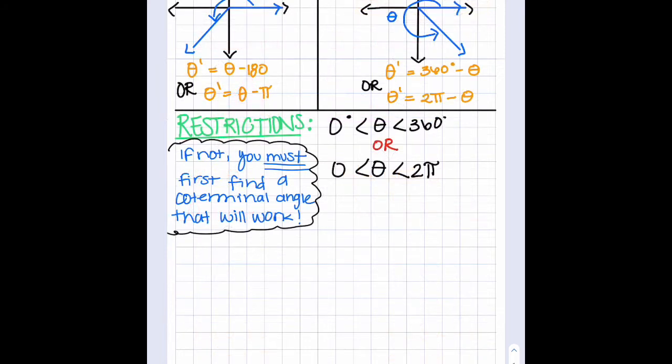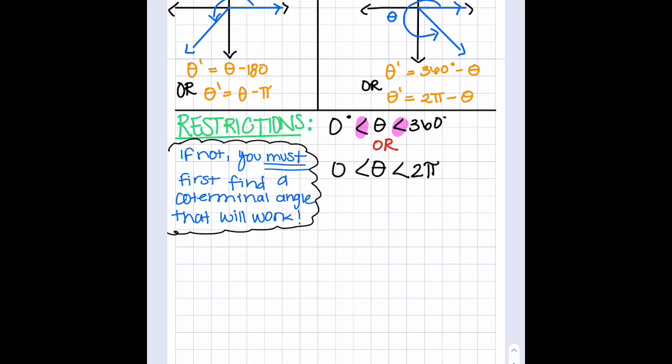All right, so I know that I said that we'd get into an example, but before I do, I forgot there are some restrictions. Before we go into an example, your theta that you're given must be less than 360 and greater than 0.